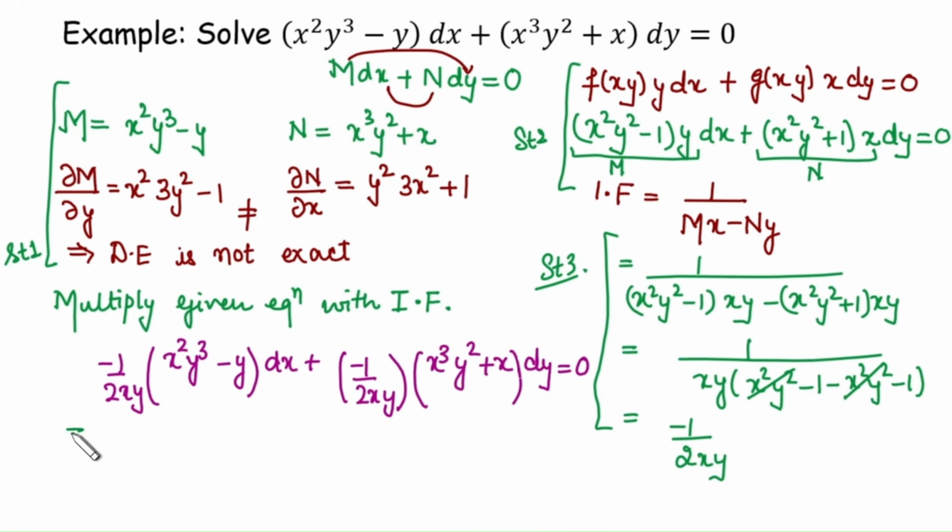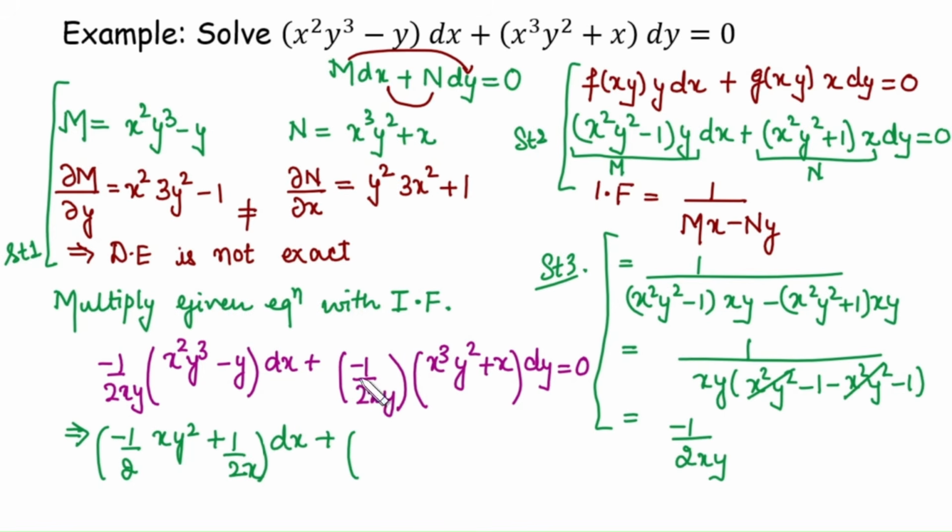More simplify this results minus 1 by 2. 1 x gets cancelled with x and 1 y gets cancelled with y. We will get x y square. Negative negative is positive, 1 by 2. Y gets cancelled with y. Simply you will get 1 by x multiplied with dx.